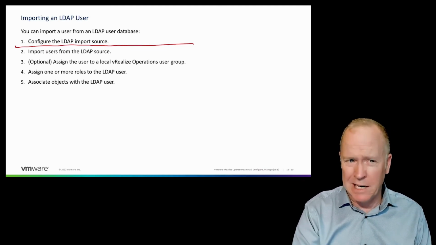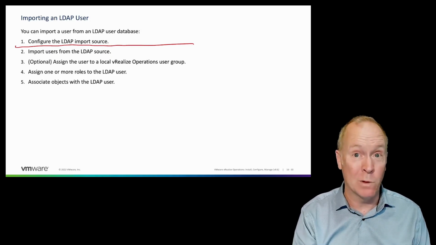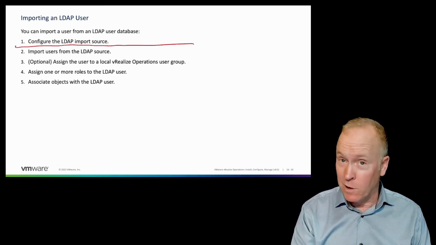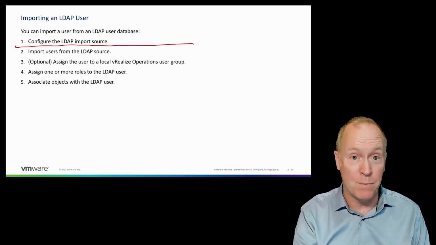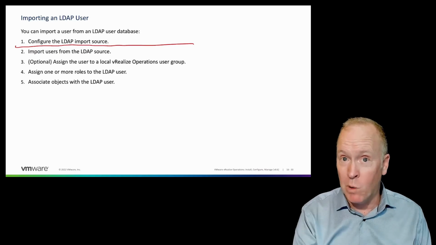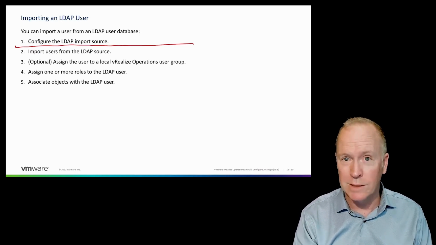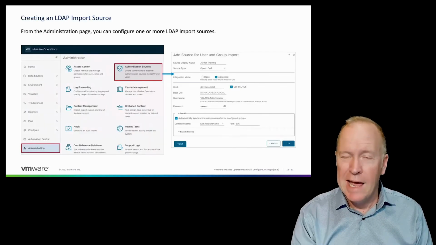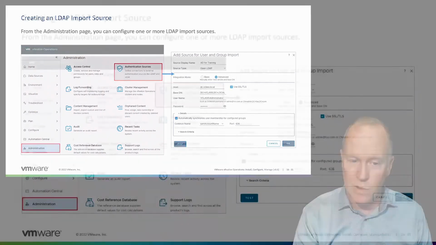But ignoring that distinction, steps 2 through 5 are essentially the same thing that we did for local users. The difference for a non-local user, such as an Active Directory user, is that first step, creating your LDAP import source. So let's see what it takes to create your LDAP import source. To create an LDAP import source, you're going to log into the vRealize Operations Product UI.